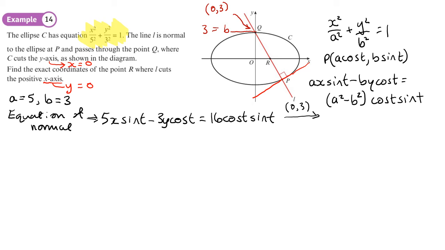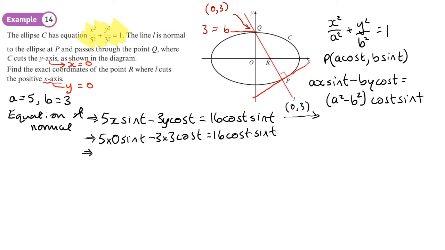Right, so let's substitute in 0 and 3. So we'll have 5 times 0 times sin t, minus 3 times 3 cos t, equals 16 cos t sin t.